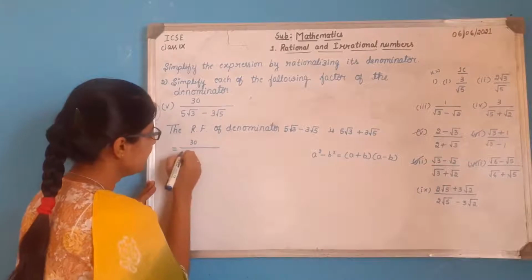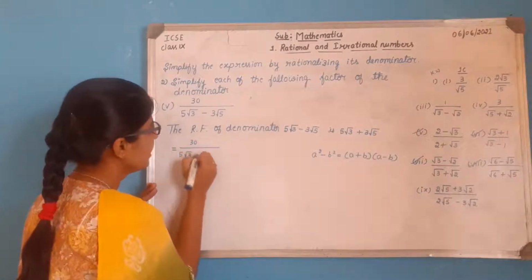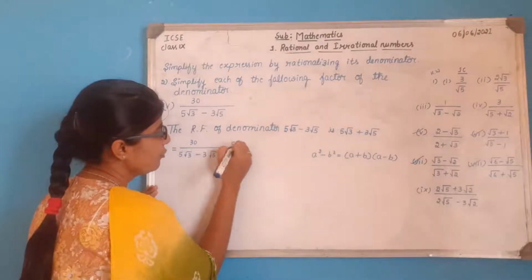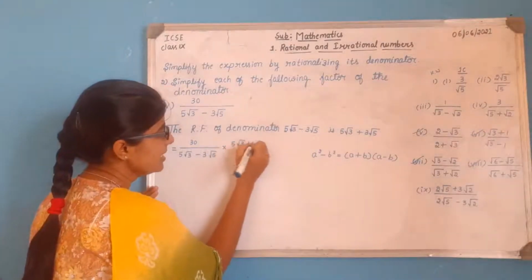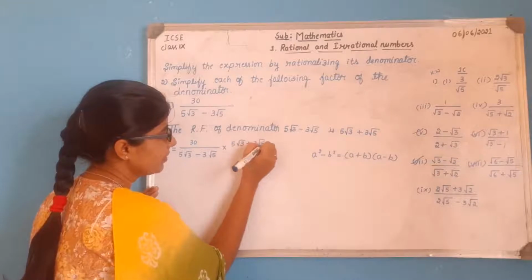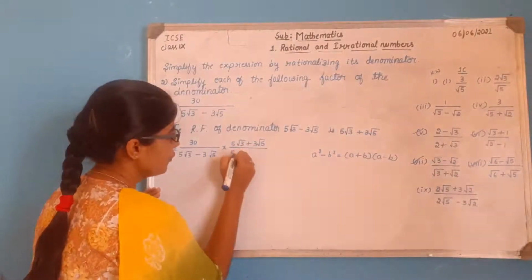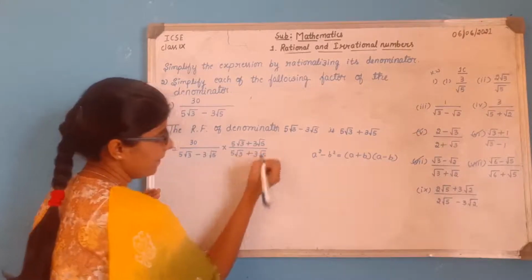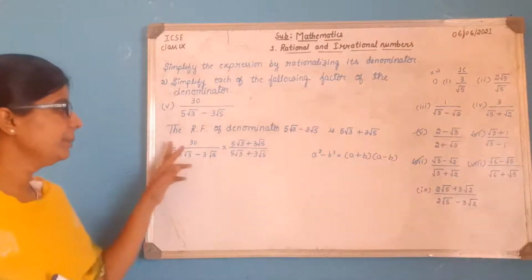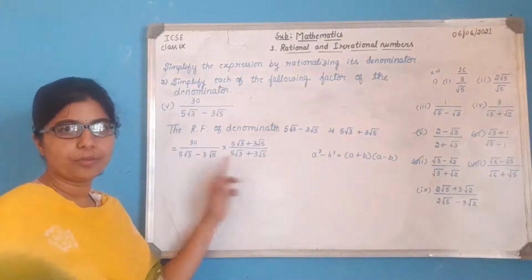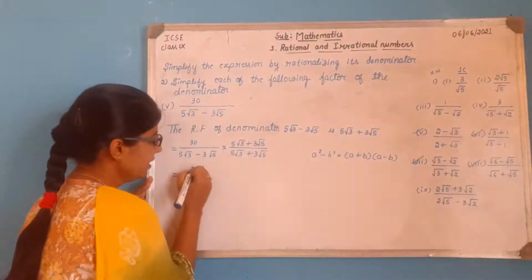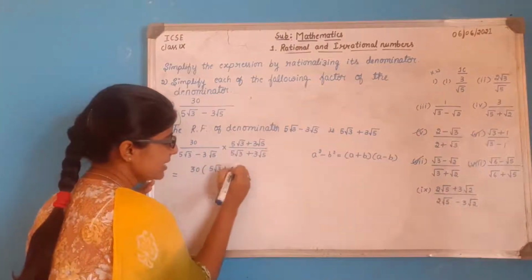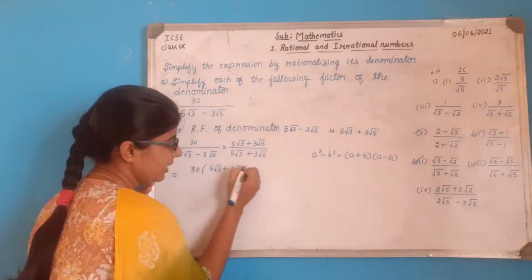That is 30 divided by 5√3 minus 3√5, multiplied with 5√3 plus 3√5 divided by 5√3 plus 3√5. Now multiply the numerator and denominator: 30 into 5√3 plus 3√5. The numerator stays as it is.